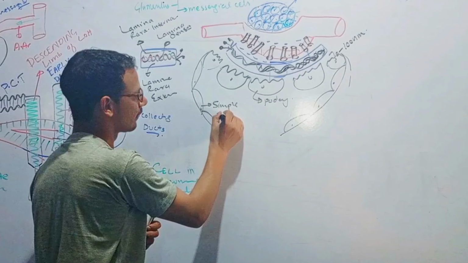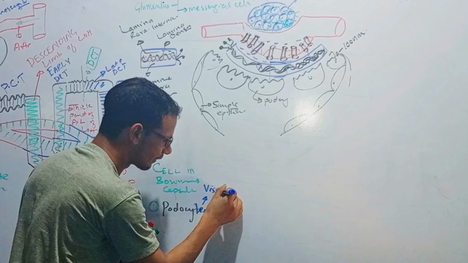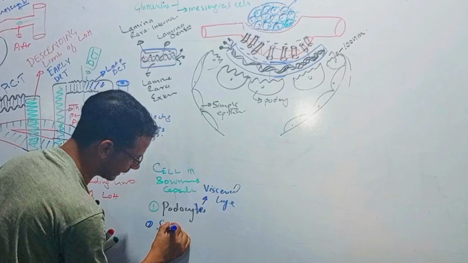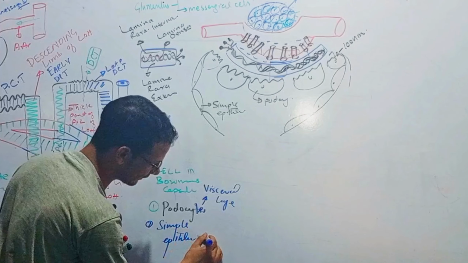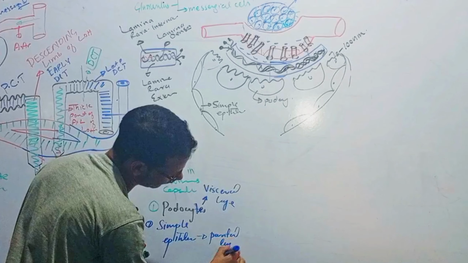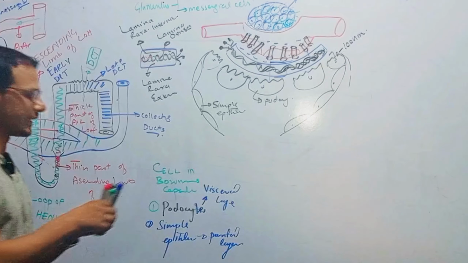So in Bowman's capsule, podocytes are present in visceral layer, and simple epithelium are present in parietal layer, right?